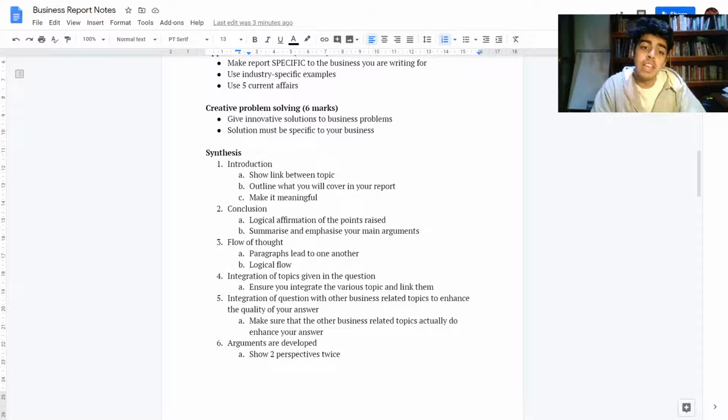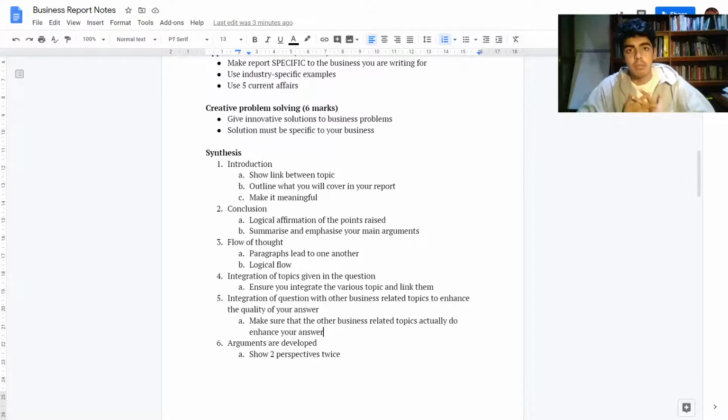You need to use linking words, so your paragraphs lead to one another, and this is really easy. It's not hard to get flow of thought in a business report. Integration of topics given in this question, you basically need to make sure that you've used every topic they asked you to. Integration of questions with other business-related topics to enhance the quality of your answer. Here you use another business topic, and you can use that as a solution to a problem.